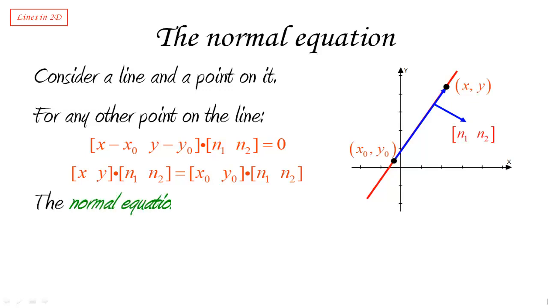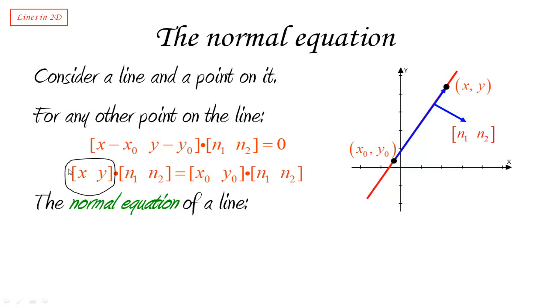This is what we call, in fact, the normal equation of a line. The first vector that we see in this form is actually the generic vector that identifies a point on the line. Notice I'm identifying a point with its vector. This is something that I've mentioned in the past and that we'll be doing on a regular basis.